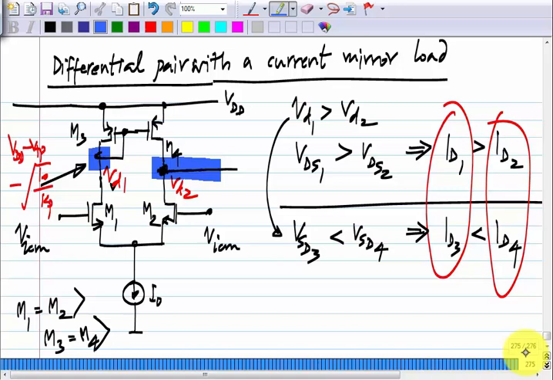Why? Drain and gate of M3. Oh, what will be the gate voltage in this case? It is not even set, right? It is only because of feedback that you can set it.